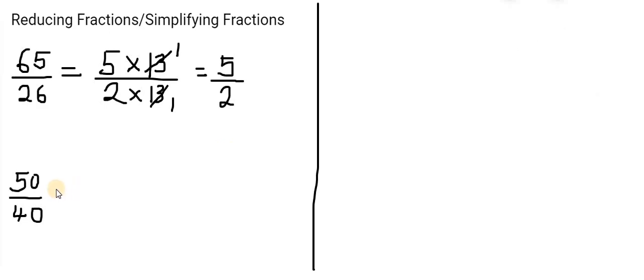Now, 50 over 40. So we take that and break down 50. It ends in a 0, so 2 is a factor, 5 is a factor, and 10 is also a factor. So, break that down. I'll take 10. The number that goes with 10 to make 50 is 5. Okay?